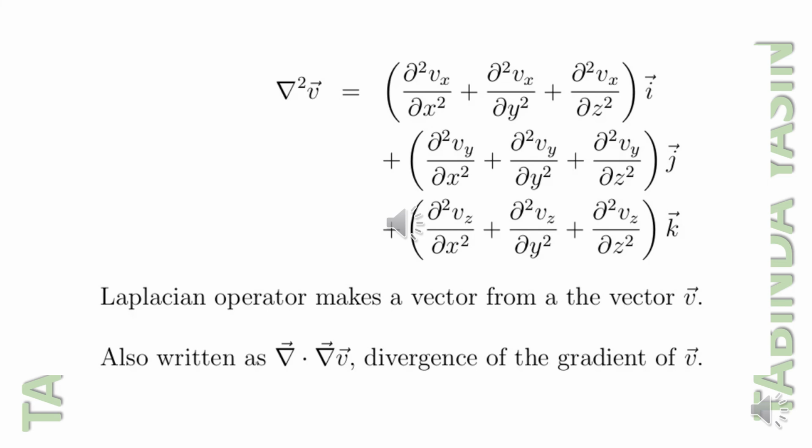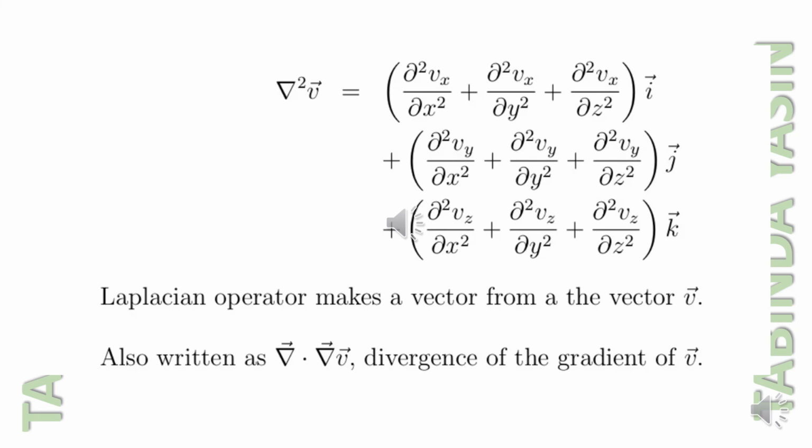So we can write del square v as the partial square vx over partial x square plus partial square vx over partial y square plus partial square vx over partial z square, times i cap, all the x components of v, and then all the y components of v, j cap, plus partial square vz over partial x square plus partial square vz over partial y square plus partial square vz over partial z square, k cap.